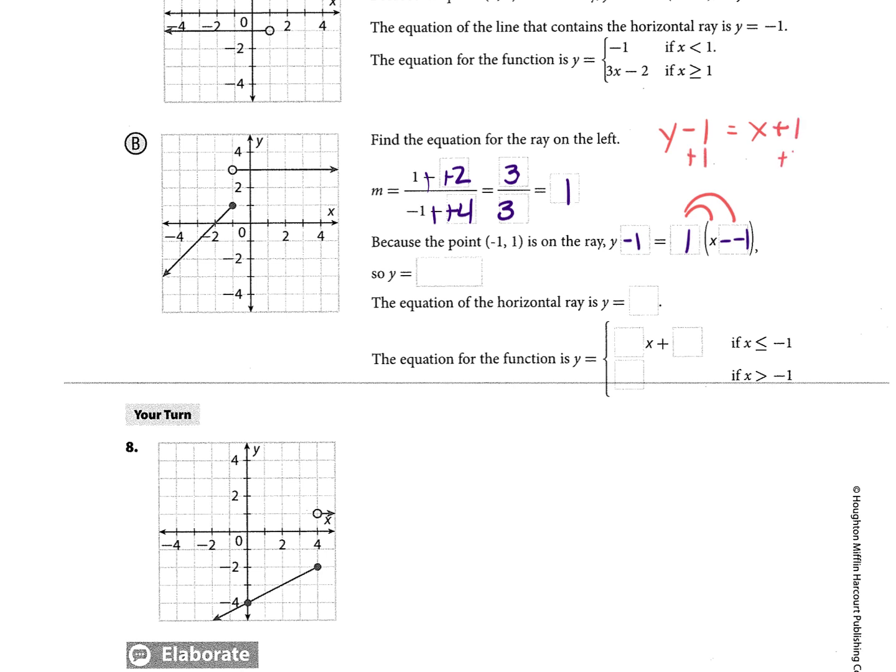Then we have to add the 1 to the other side, leaving us with y equals x plus 2. Then it says the equation for the horizontal ray is y equals, and since the y value for every single one of those points is 3, that is our y value there.